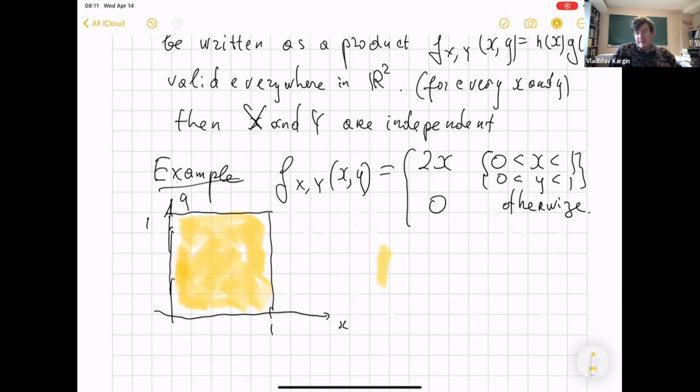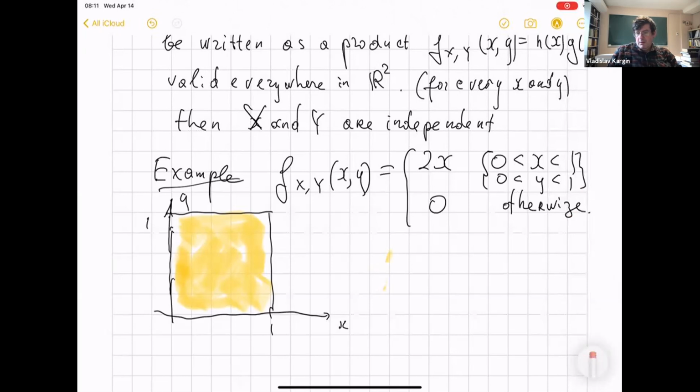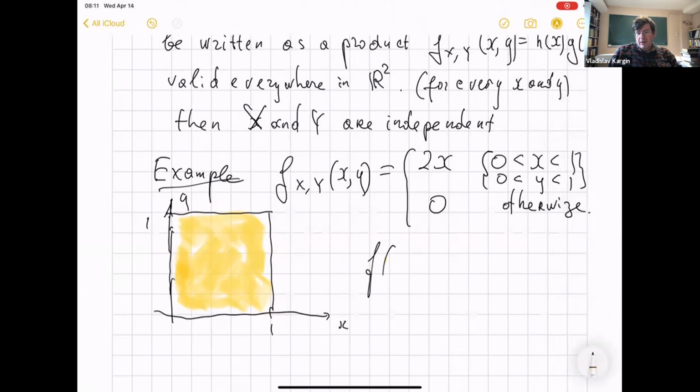I say that this f of x and y is equal to, say, 2 times x. Right? And you can say that for our theorem, this is h of x, and we say this is g of y.